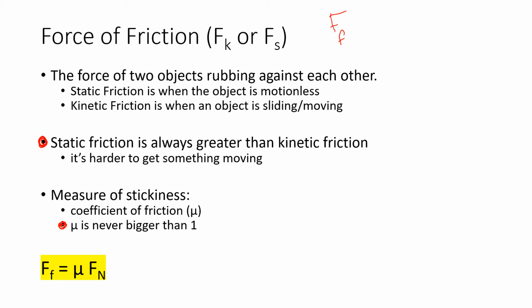So you overcame the static friction and you got it moving, and now it's just sliding. That's kinetic friction. So static means staying still, kinetic means moving. So static friction is when the object's motionless, and kinetic friction is when the object is sliding.